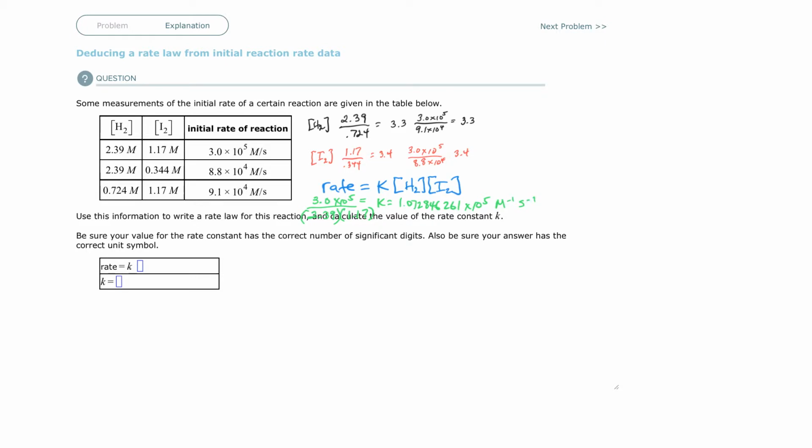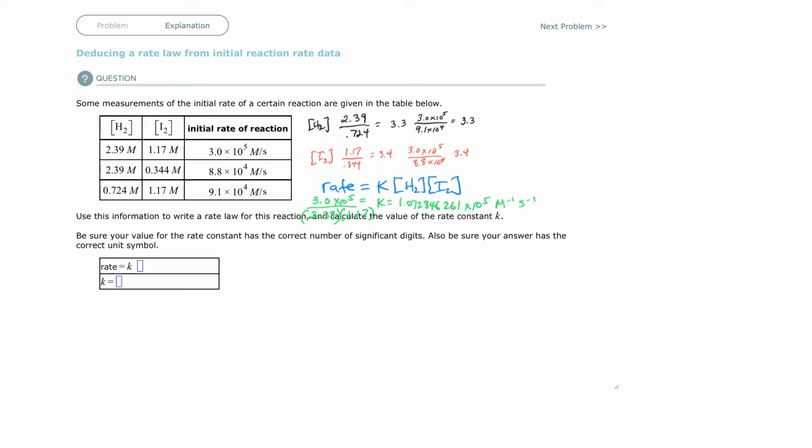That's the way everything else cancels. If you know that the rate is in molars per second, and the concentrations are in molars, the only way everything would cancel would be that the units be in molars to the -1, seconds to the -1. So that will go in the bottom.